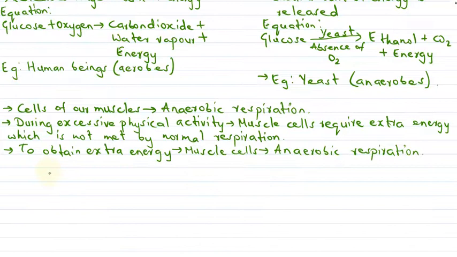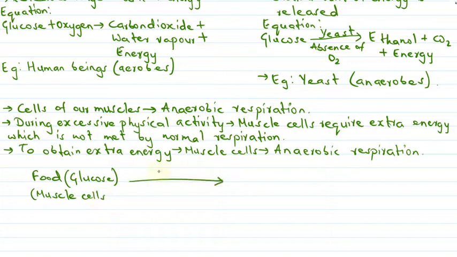The glucose part of the food, in the case of muscle cells, is broken down by anaerobic respiration, and this breakdown results in the formation of lactic acid and energy.